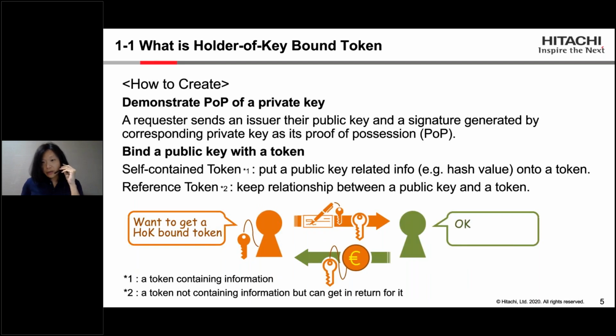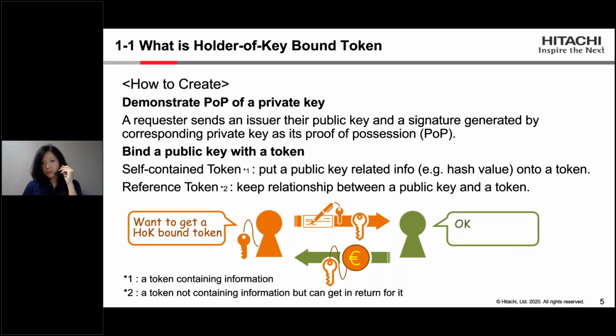To create this holder-of-key bound token, the requester of this kind of token needs to demonstrate proof of possession of the private key corresponding to the public key that will be bound with the token. Then the issuer of this token needs to bind the public key sent from the requester with the generated token.